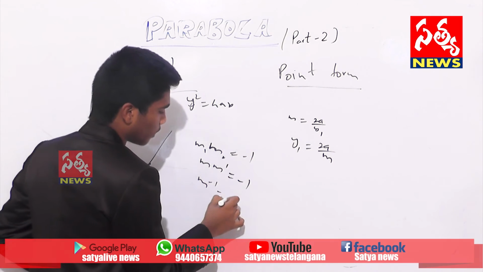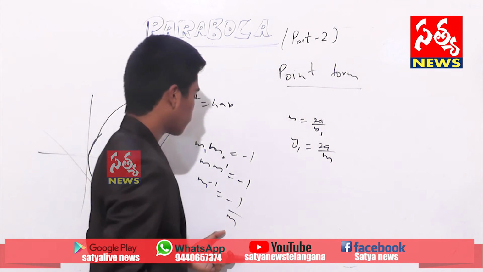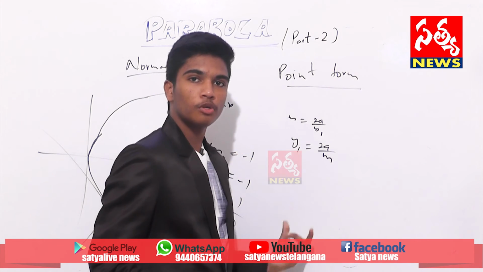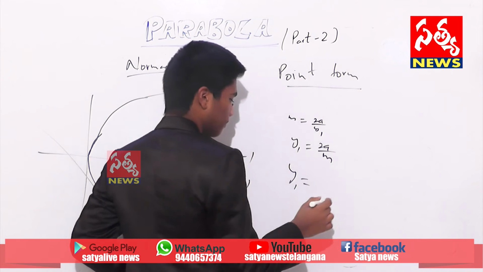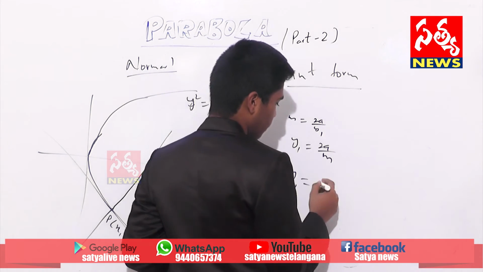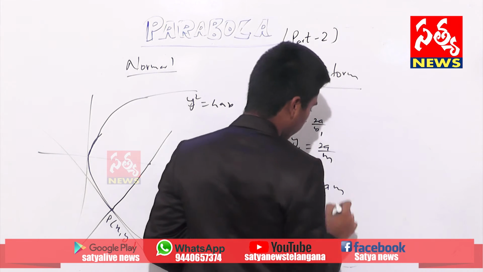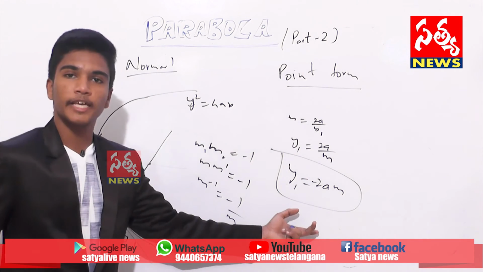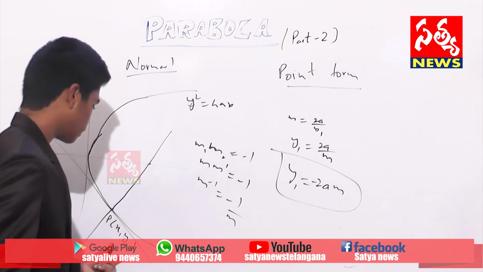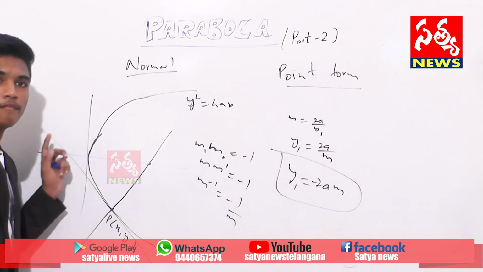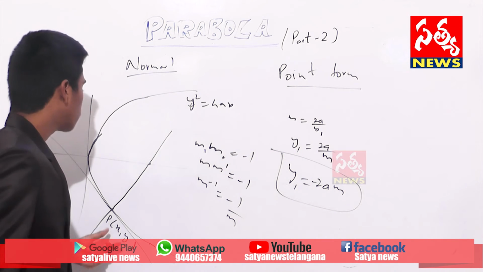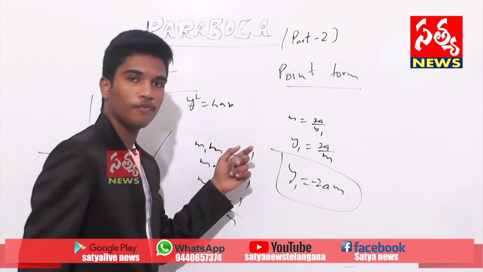So here m dash will become minus 1 by m. So in the place of m, I am going to put minus 1 by m, which is y1 equals to minus 2am. This is the expression for y1, that is, the y coordinate of a point on the parabola y square equals to 4ax.